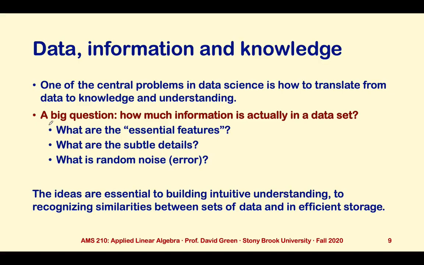One of the big questions underlying these problems in data science can be phrased as, how much information really is there in a data set? We have a big set of data that might have millions of numbers.